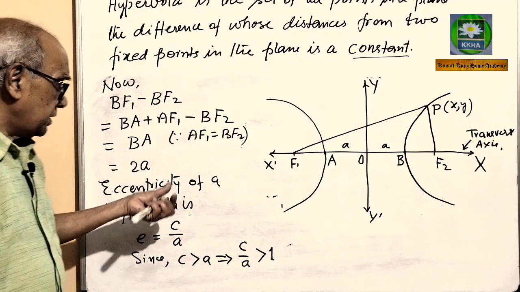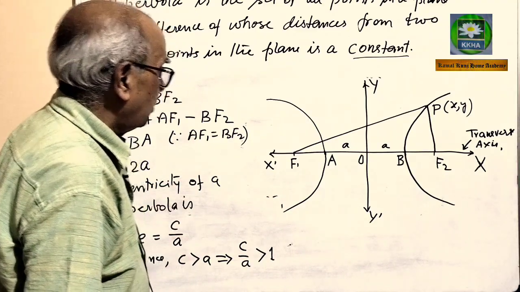So this is called the eccentricity of a hyperbola.